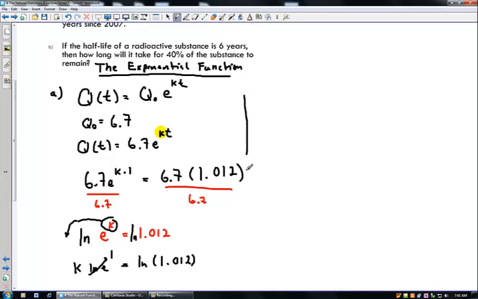So I basically have my answer now. I know my k value is ln of 1.012, so q of t, my population size, is equal to 6.7 e to the k, and k is ln of 1.012 t. So there's a formula that will model the population.